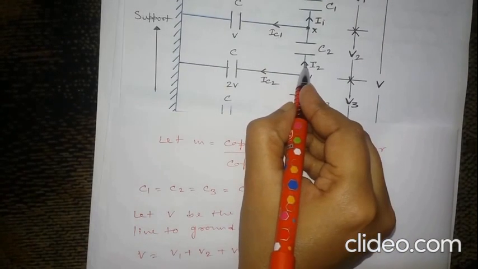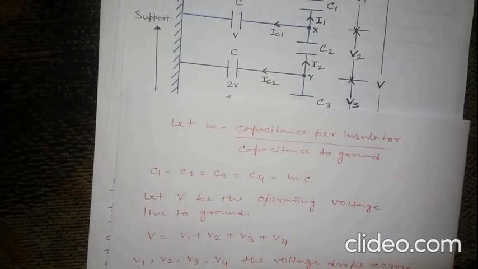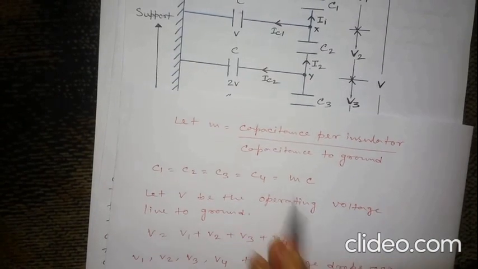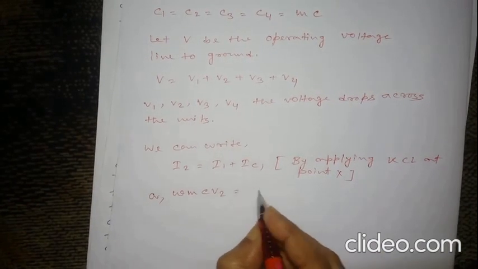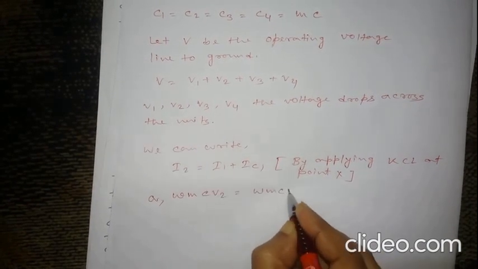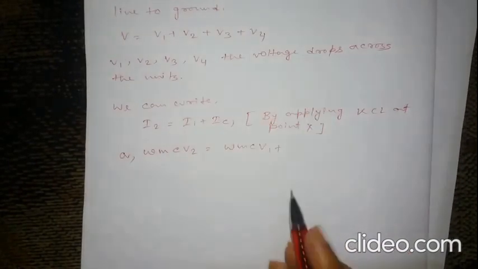Now we can write I2 equal to omega C2 V2, that is, omega MC V2. Similarly, omega MC V1 plus IC1, that is, omega C V1.